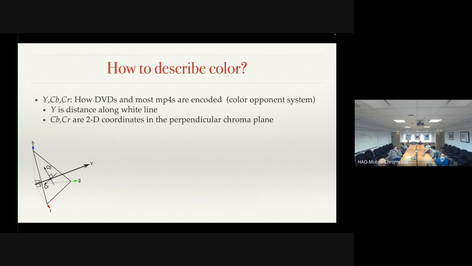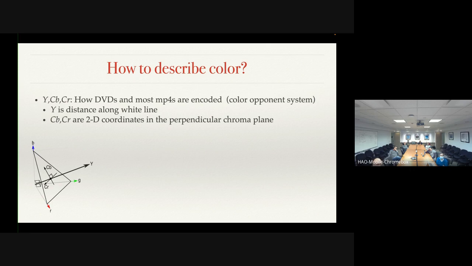We use something called YCbCr, where Y is basically the same thing, the lightness signal, equal amounts of red, green, blue. And then there are two chrominance signals, which describe directions in the perpendicular plane, the chroma plane. Cr tells you the amount of red, and Cb tells you the amount of blue. It's just another way of describing this RGB combination.